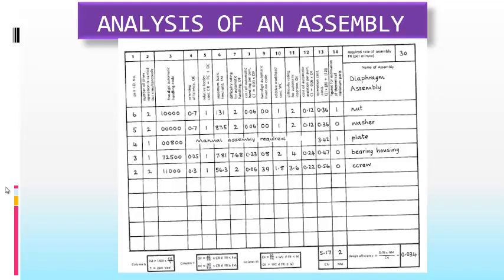the theoretical number of parts of the assembly, because this will give the efficiency, and you see the efficiency is 3.4%, which is 0.03 as he calculated.